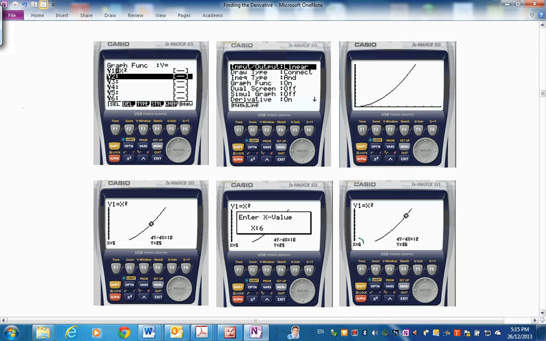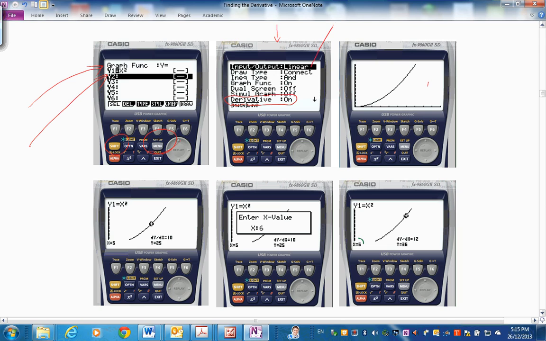So we go to graph mode, enter the function x squared, and then we have to go to shift menu, which is set up, and make sure we get this window and see it here, derivative on. So scroll down to that and make sure the derivative is on.